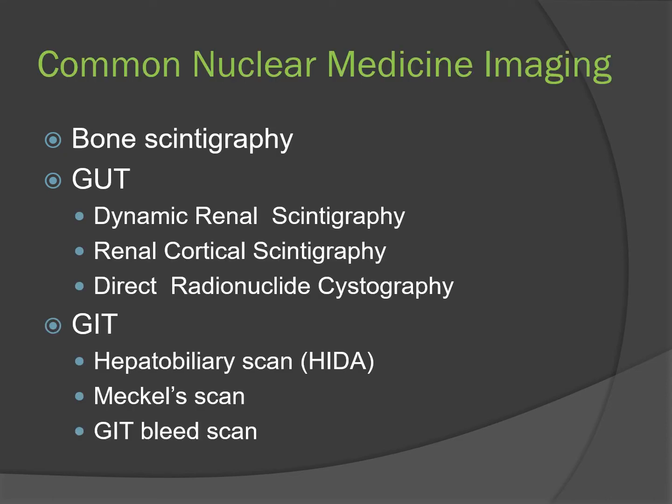And these are the common nuclear medicine imaging studies that we usually do in the department. We have bone scintigraphy, which comprises about 50% of nuclear medicine studies, and then we have the genitourinary tract studies: dynamic renal scintigraphy, renal cortical scintigraphy, and direct radionuclide cystography. We have the GIT, the gastrointestinal tract, hepatobiliary scan or HIDA scan, Meckel's scan, or GIT bleed scan.